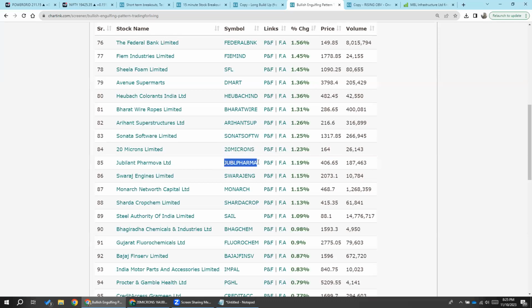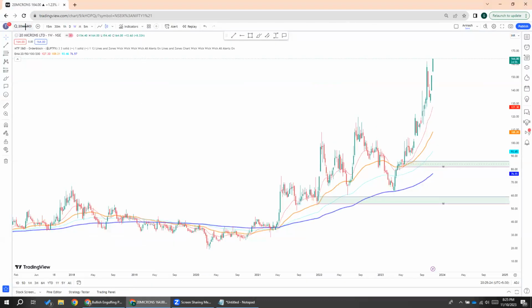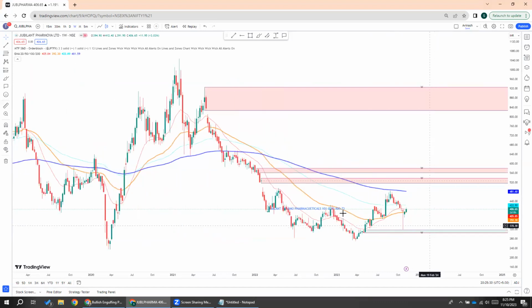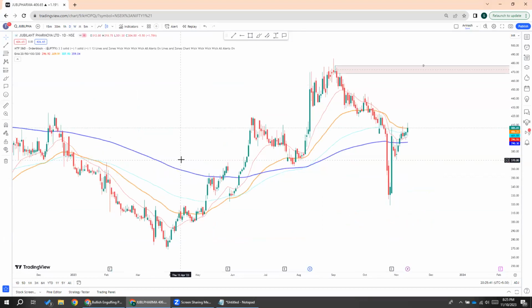Jubilant Pharma. A pin bar. Pin bar strategy. Weekly, daily. Daily it is showing good.